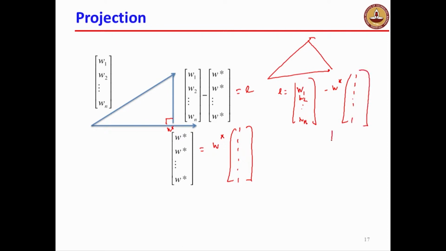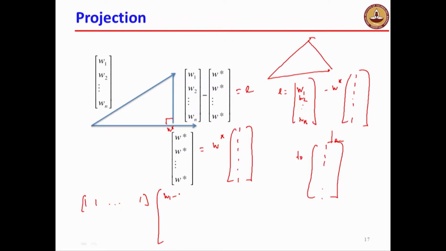Now I have said that this should be perpendicular to the error vector should be perpendicular to the 1 vector, so vector of 1s. So what does it mean when two vectors are perpendicular? The dot product is 0. So let me say 1, 1, 1 times W1 minus W star, W2 minus W star, this is equal to 0.